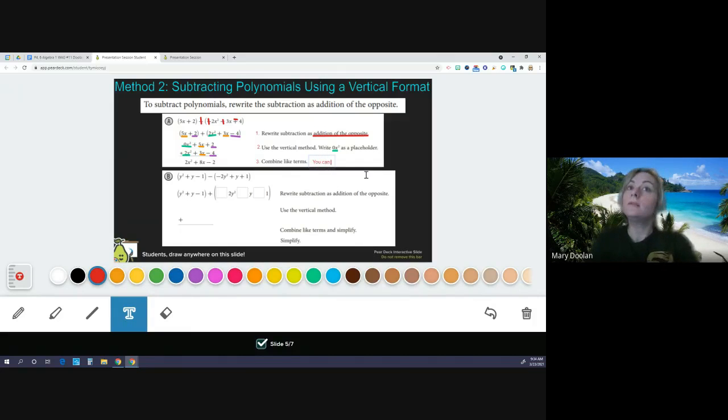You can add from left to right or from right to left. It doesn't matter which way you choose to add. But 2 minus 4 is negative 2. 5x plus 3x.